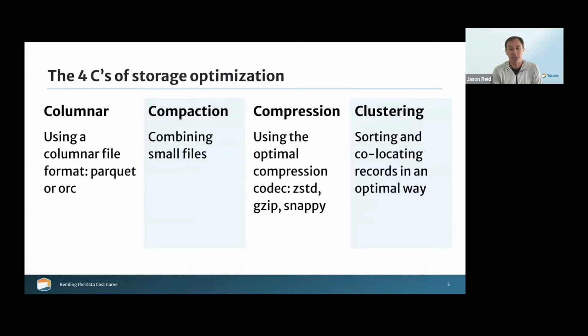The second one is compaction. Compaction is the process of taking lots of small files that are potentially produced by streaming applications or by ETL processes, or through other modes of ingesting data into your lake and your data warehouse. And you want to combine these together. And that does two important things for optimization here.